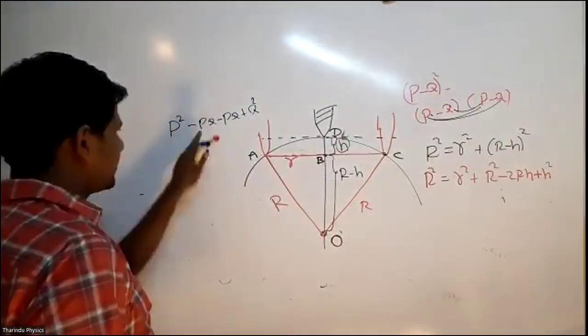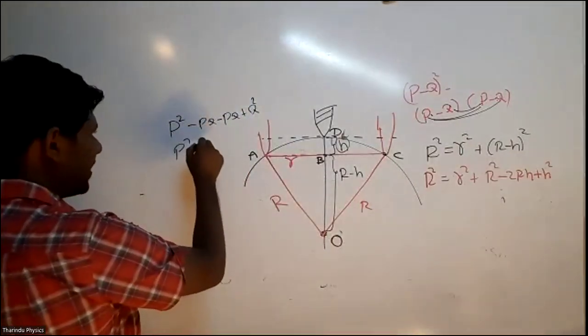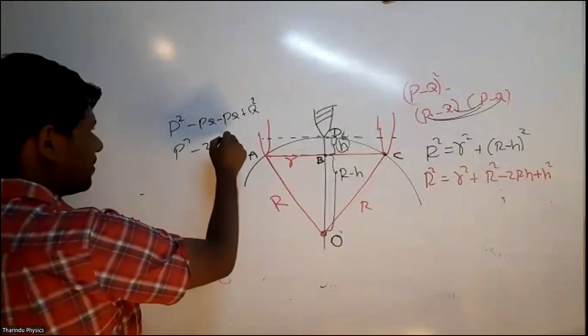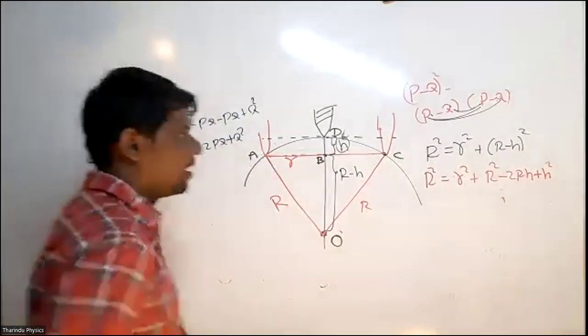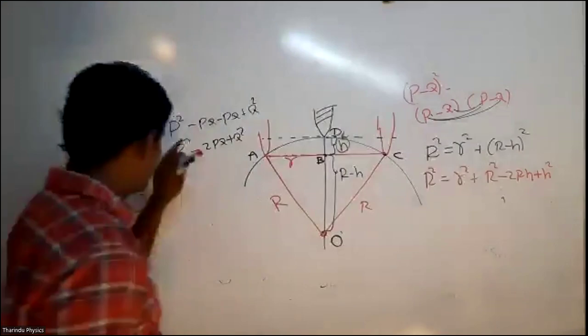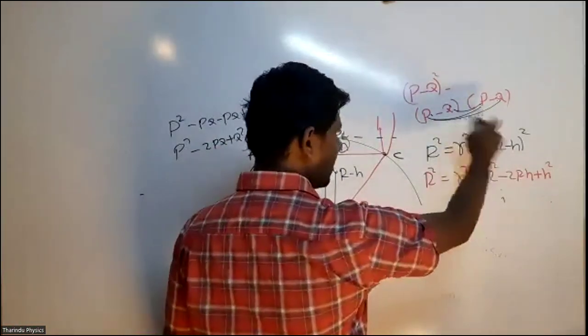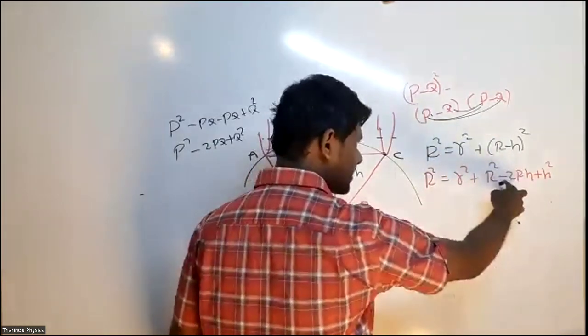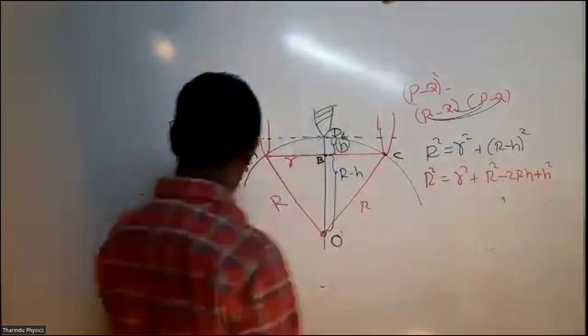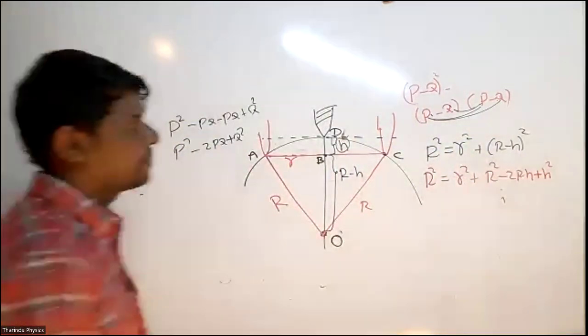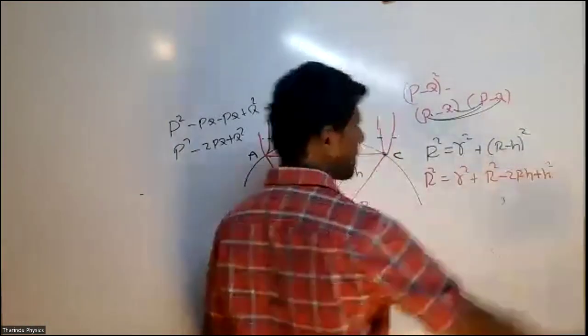The same theory: minus 2pq plus q square. Instead of p here there is R, so R square minus 2Rh plus h square.